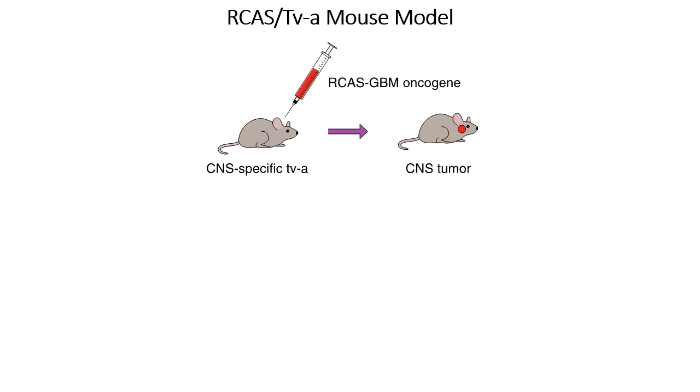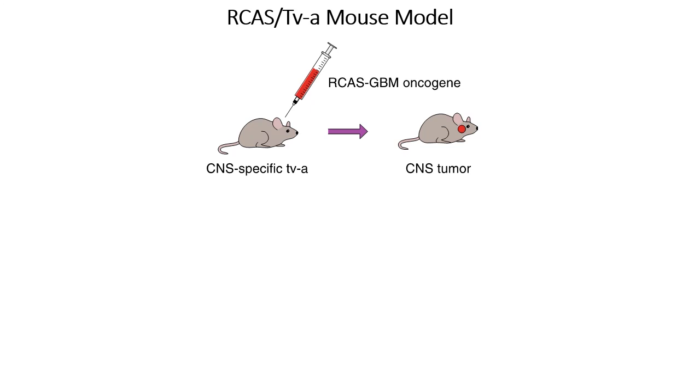The RCAS-TVA model has been used to recreate the genetic alterations found in human gliomas, resulting in the formation of mouse tumors that mimic the histology of human glioblastoma. Here, the replication-competent avian leukemia virus, splice acceptor, or RCAS, vectors are designed to express the gene of interest. The virus bearing these constructs then targets cells with cell-type specific expression of the ALV type A receptor, or TVA.